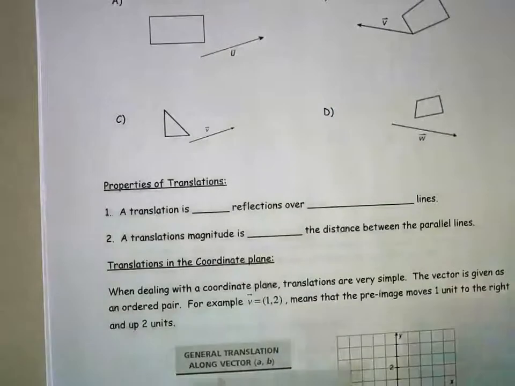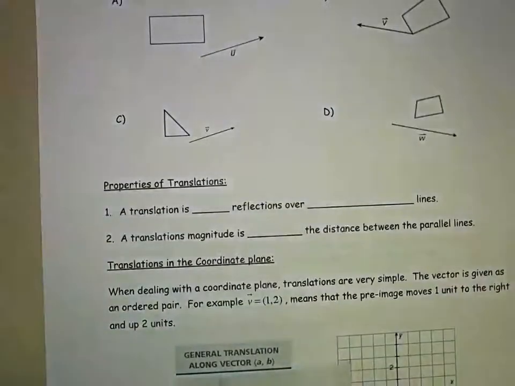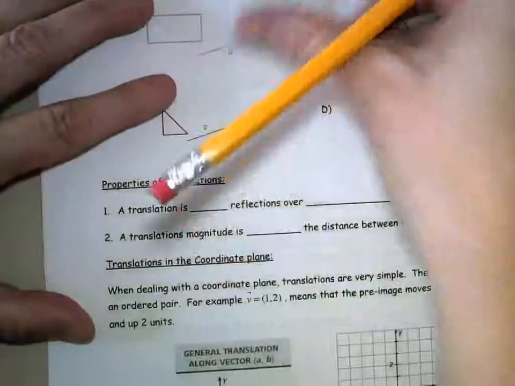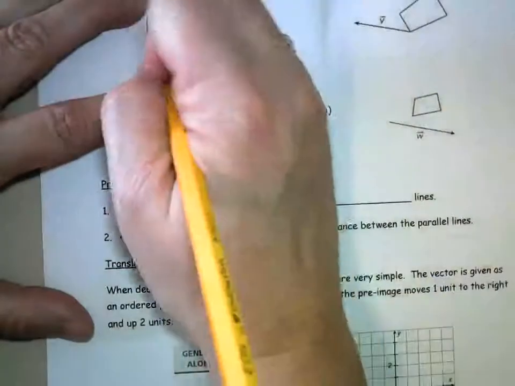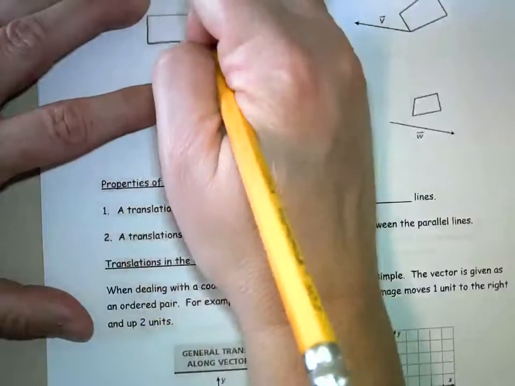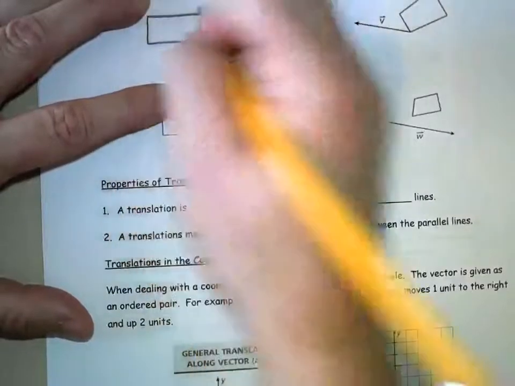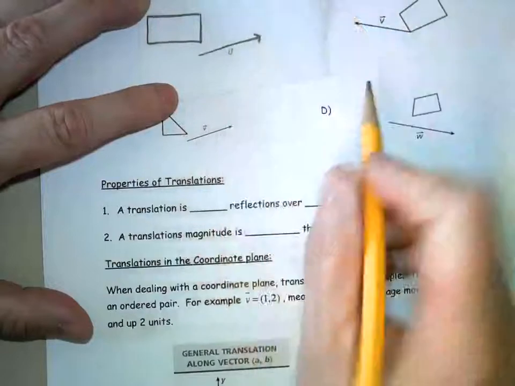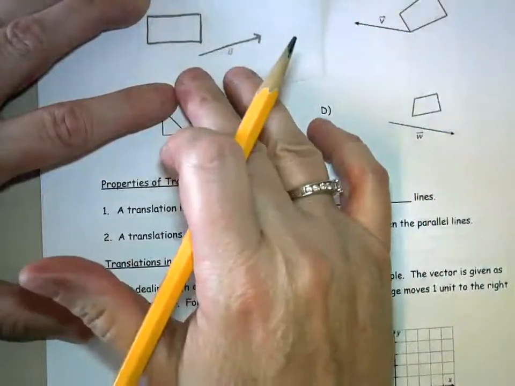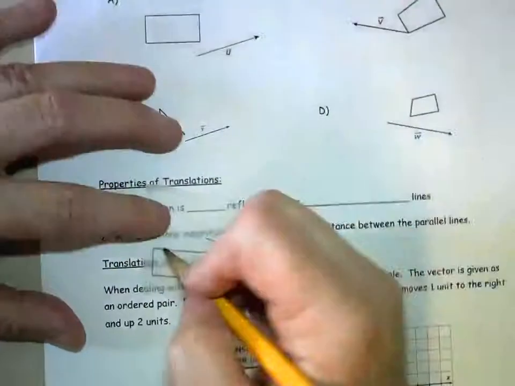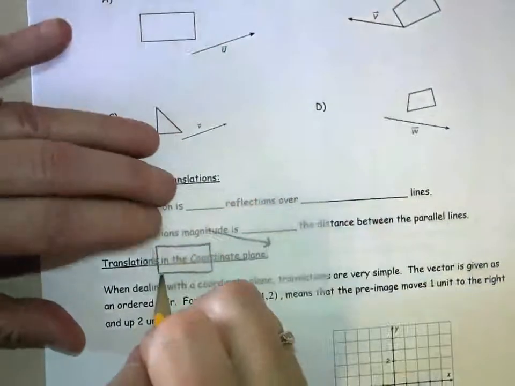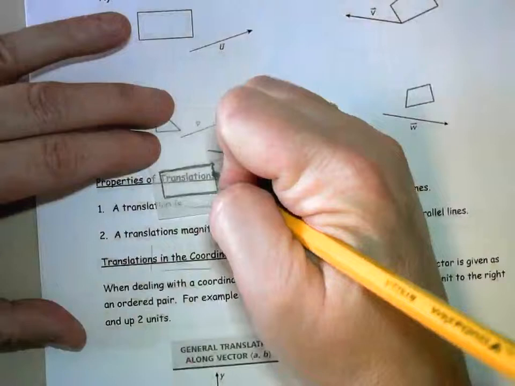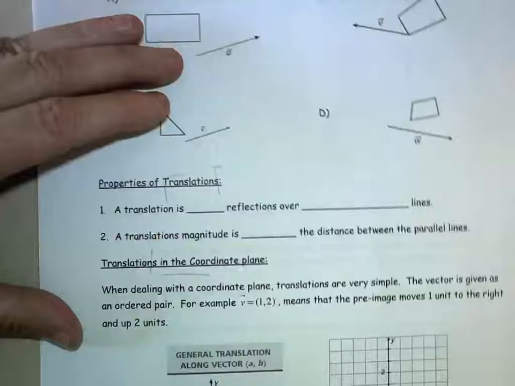So at the top of our next page we have some translations that we are asked to draw. And what you do is you trace the shape. So here I trace the rectangle, and then you trace the vector. And then what you do, I'm gonna just flip my paper over and trace across that again.